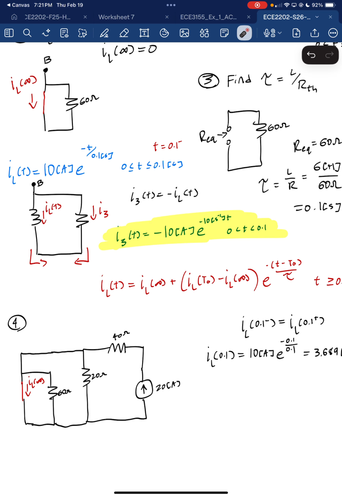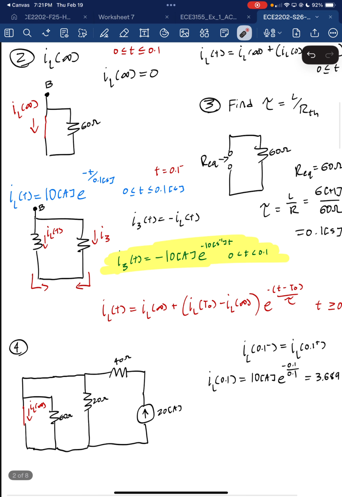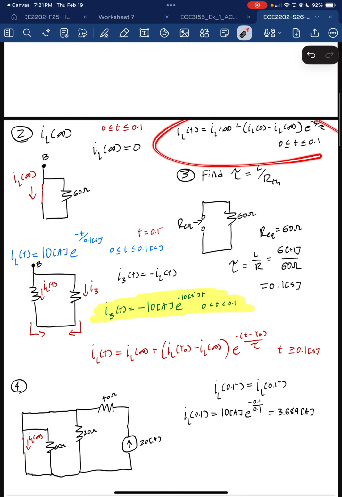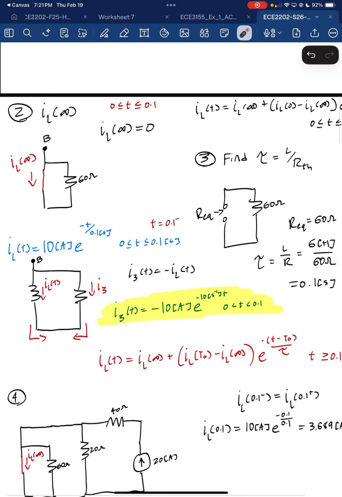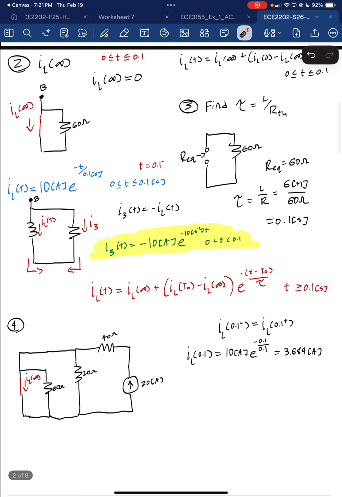It cannot instantaneously change. And that really hammers down the point that even though we never reach zero, we still find IL of infinity to build that first equation. The lowest that current is going to get is 3.689. It never gets to zero, but we still find IL of infinity to model that equation.